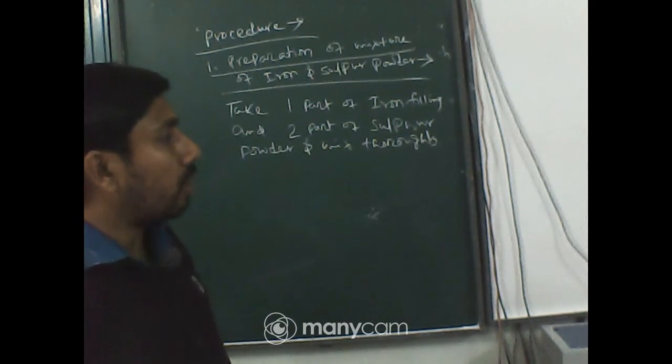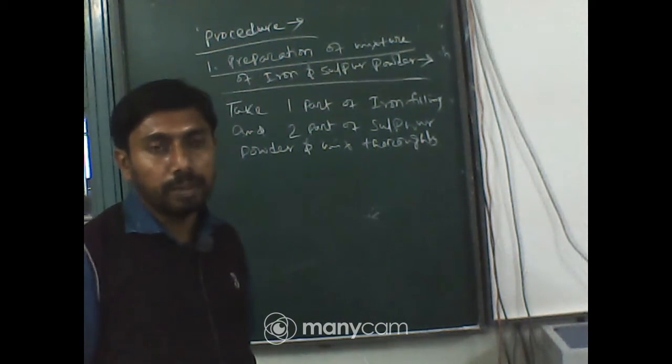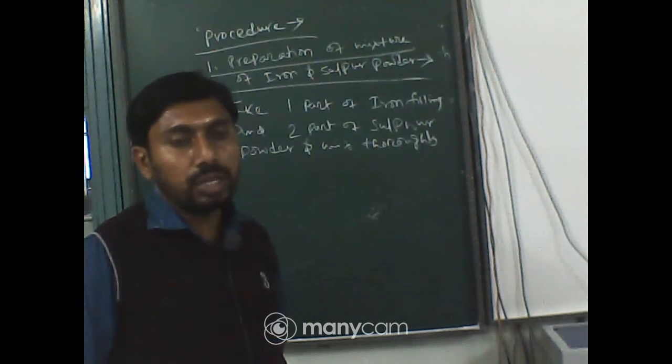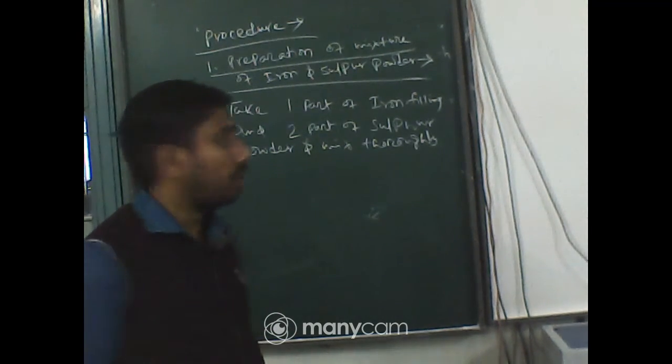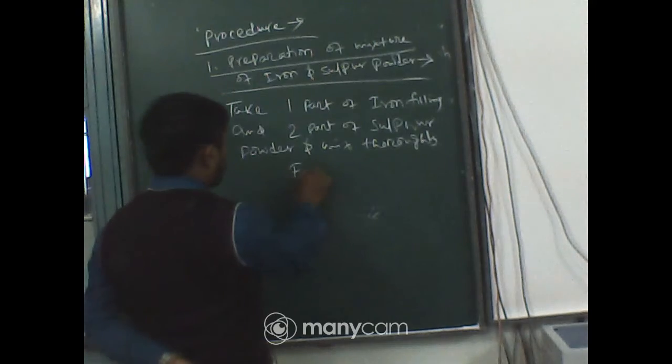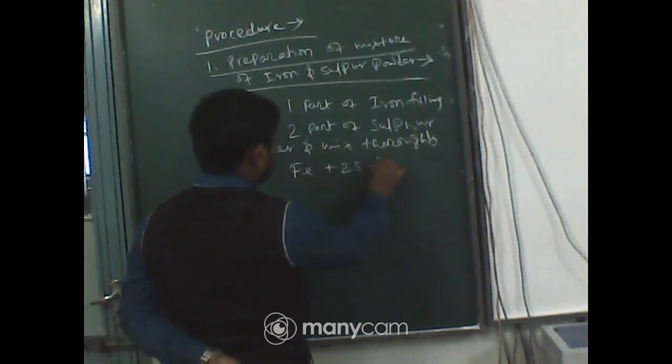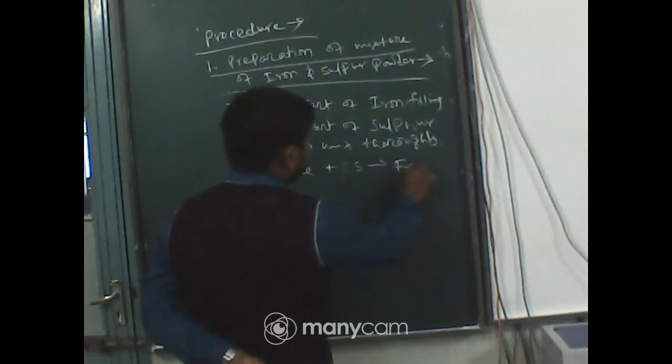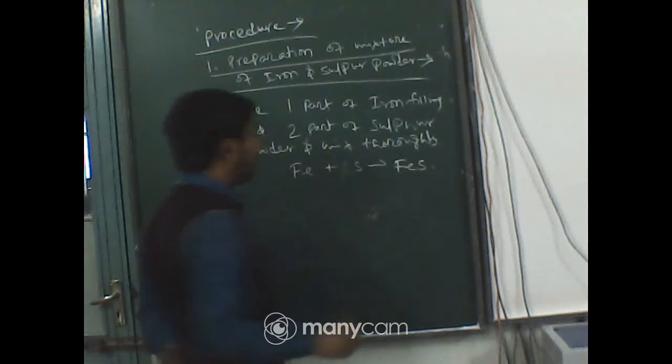When we heat it, Fe plus S gives the compound iron sulfide.